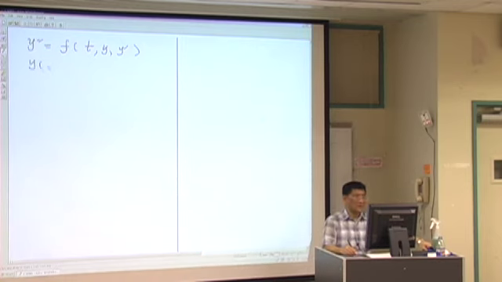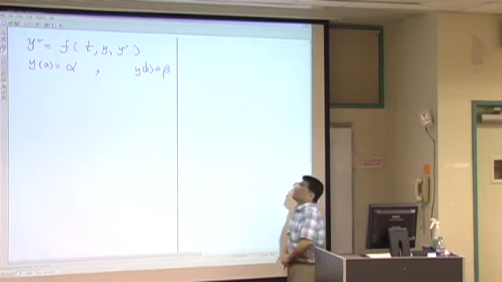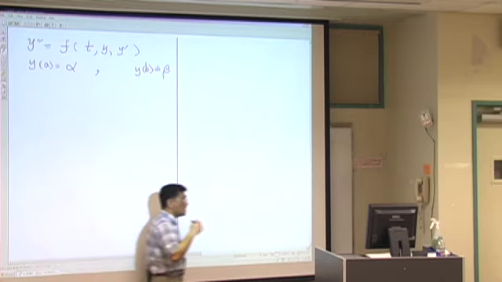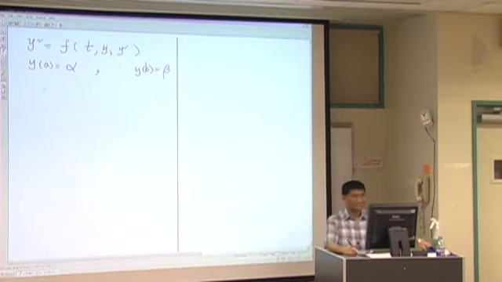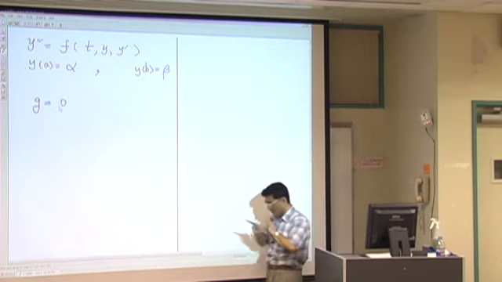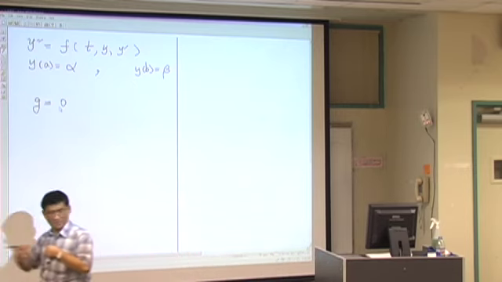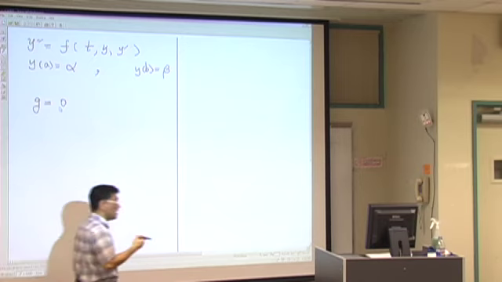Y of A is given, and Y of B is given. So let's say Y of A is alpha, and Y of B is beta. So this is the differential equation we want to solve. Then guess the initial shooting angle. So we guess the initial shooting angle, say G, and then shoot.